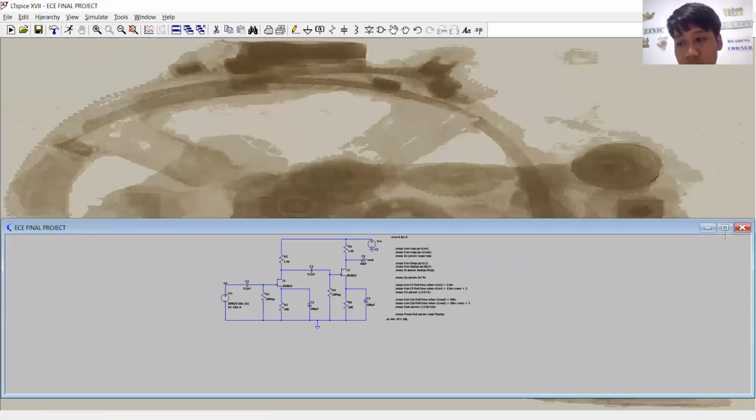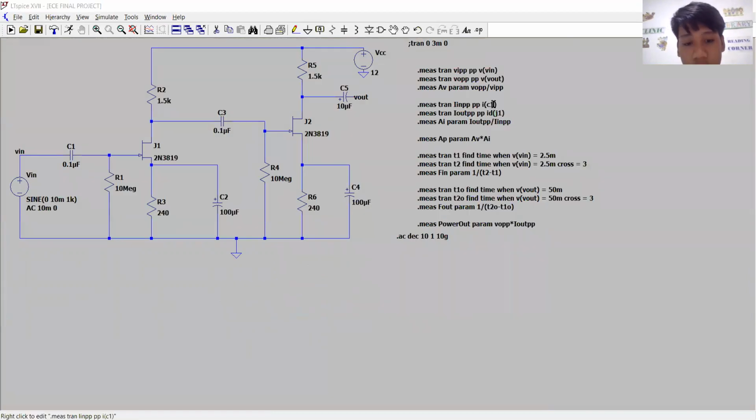And then, to proceed with the project, we will have to type the command to prove that the mentioned max dB in the circuit is correct.